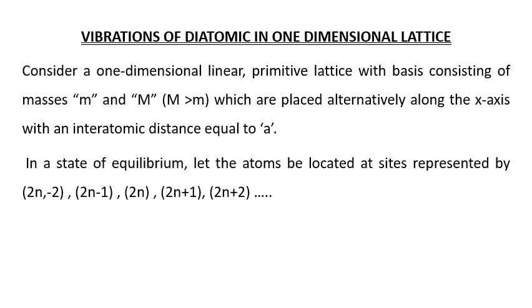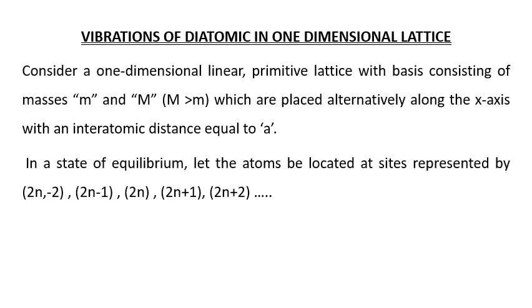So, consider a one-dimensional linear primitive lattice with a basis consisting of mass small m for one atom and capital M for another atom. This capital M is greater than small m. These are placed alternately along the x-axis with an interatomic distance equal to a.